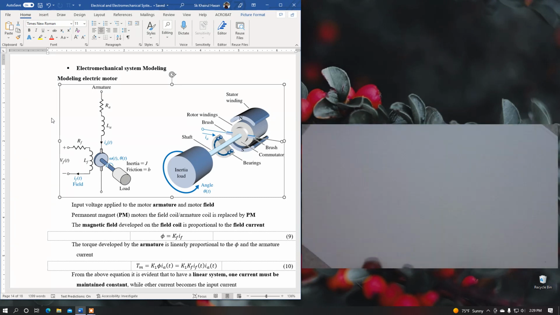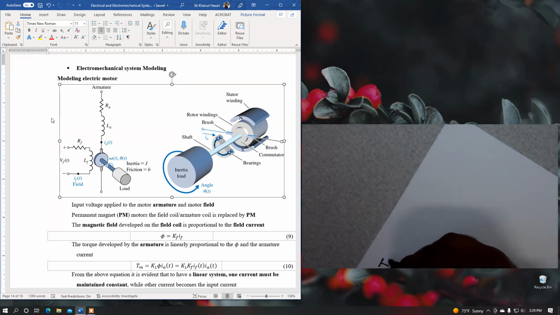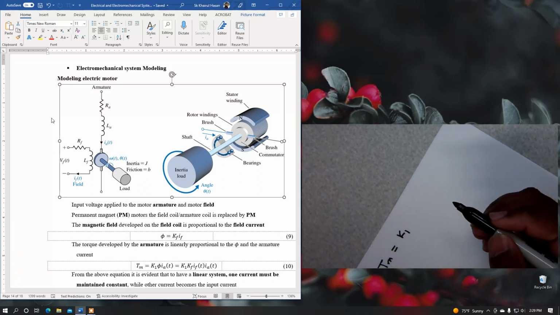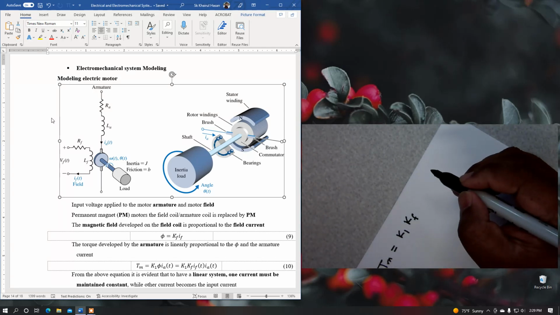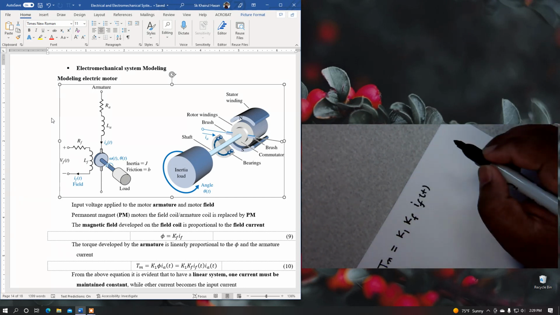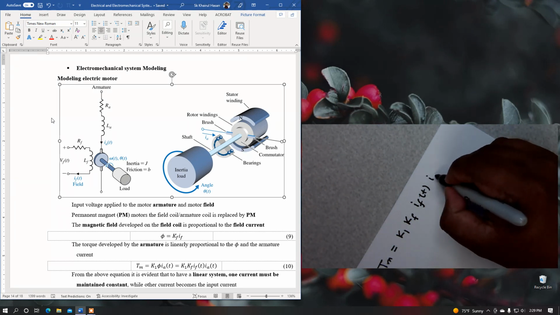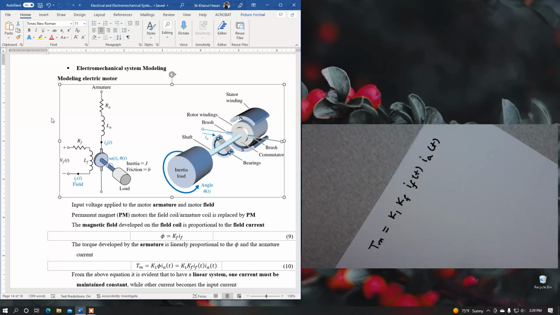So from this expression we can see that the motor torque tau m is equal to K1, which is the armature magnetic field constant, Kf, which is the stator magnetic field constant, If, the current through the stator or the field, and Ia, the current through the armature.